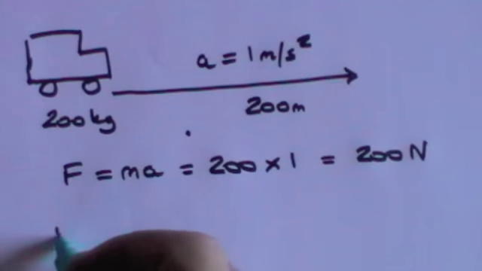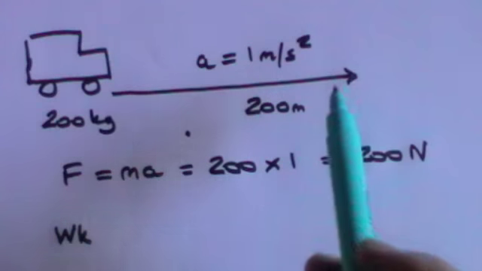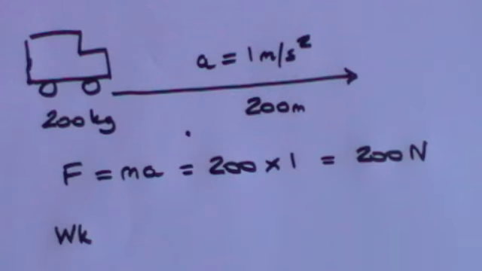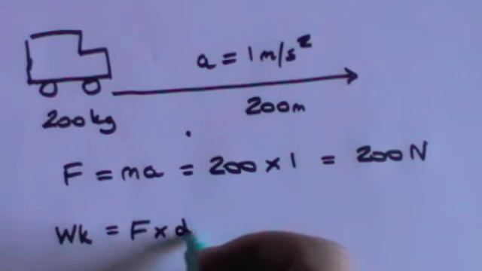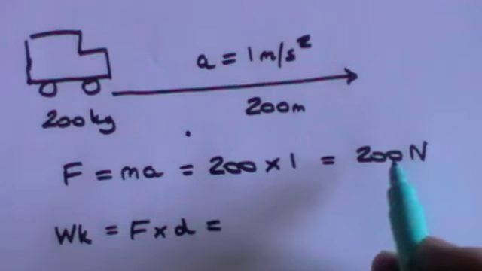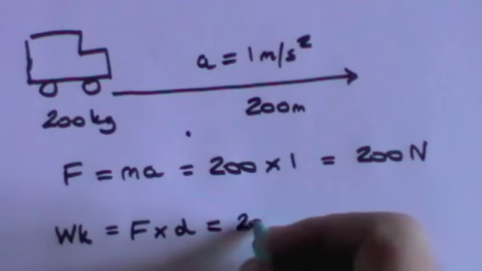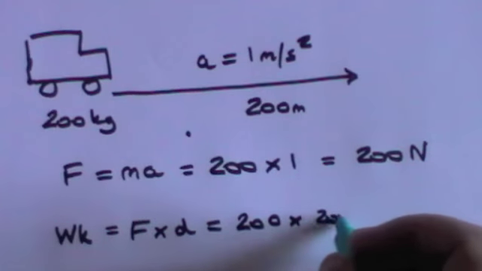Second part of the question, what is the work done by that car in travelling over those 200 metres? And we remember that work is equal to force times distance. The force we've just calculated is 200 newtons. The distance was 200 metres.